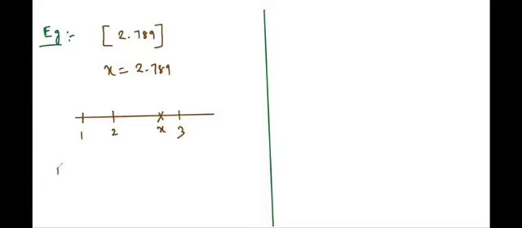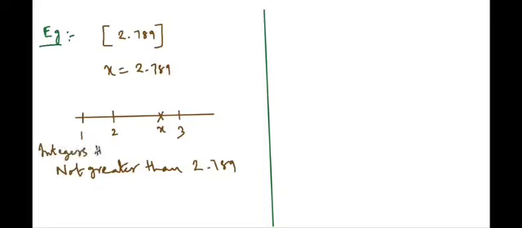So not greater than 2.789, what are the integers we have? Those integers are -3, -2, -1, 0, 1, 2.